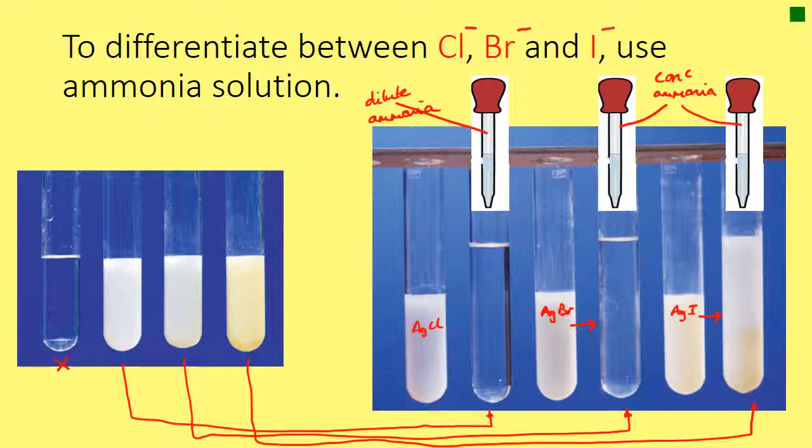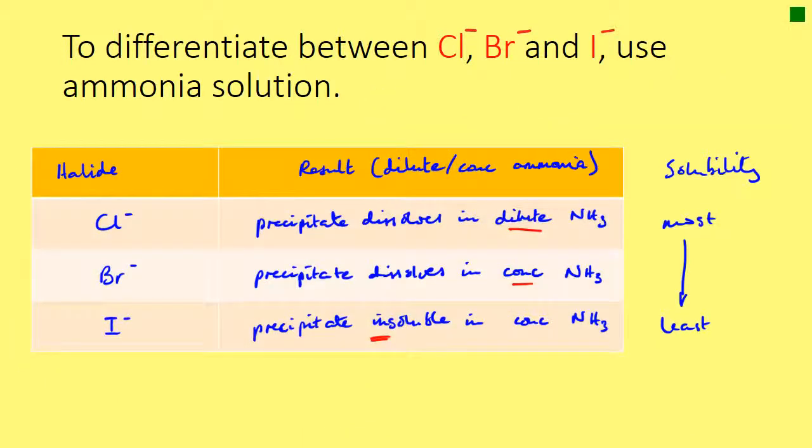But we will do one more slide just to summarize those results to help you remember them. So we've got rid of that, and instead we're going to have a little table, and in our table we will have our halide, and we'll have our result from adding ammonia, whether it be dilute or concentrated ammonia.